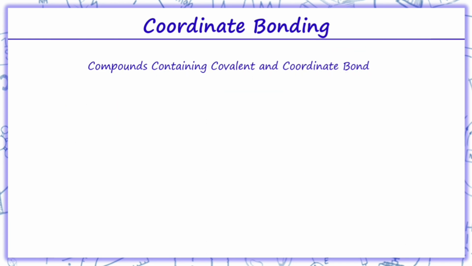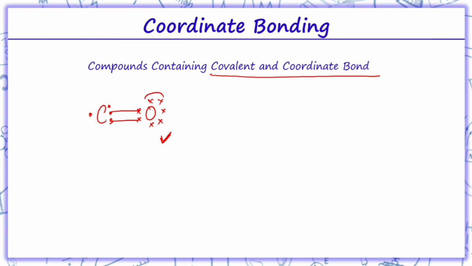Now there are certain examples which have covalent and coordinate bonding. So we can see over here carbon monoxide. Carbon has 4 electrons in its outermost orbit, and oxygen has 6 electrons in its outermost orbit. Now obviously if they share 2 electrons, oxygen's octet is complete, but how many electrons does carbon have? 1, 2, 3, 4, 5, 6.